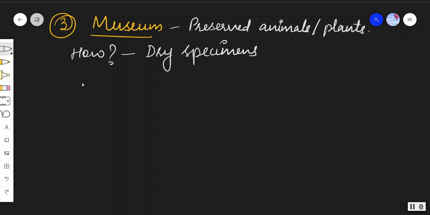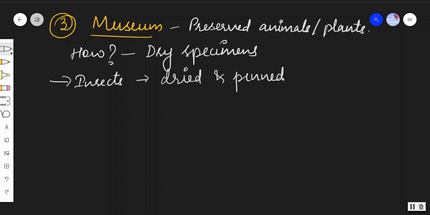Clear? Like if I take an example, insects are first dried and their wings are opened up and then they are pinned down.